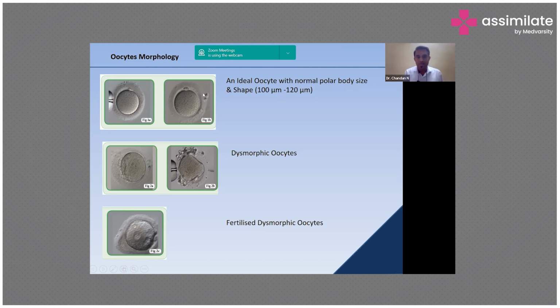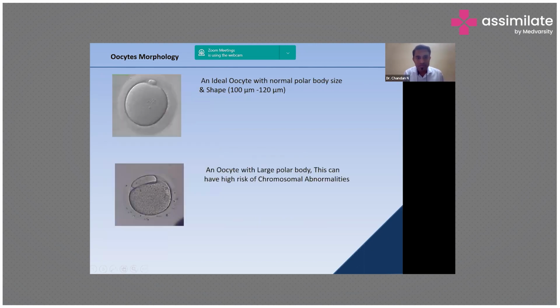Now let us understand what a good, ideal oocyte is. Here, the zona is very light in color and not rigid. You can't feel it until you poke it during an ICSI procedure, but usually the zona should not be rigid. It will be very flexible.